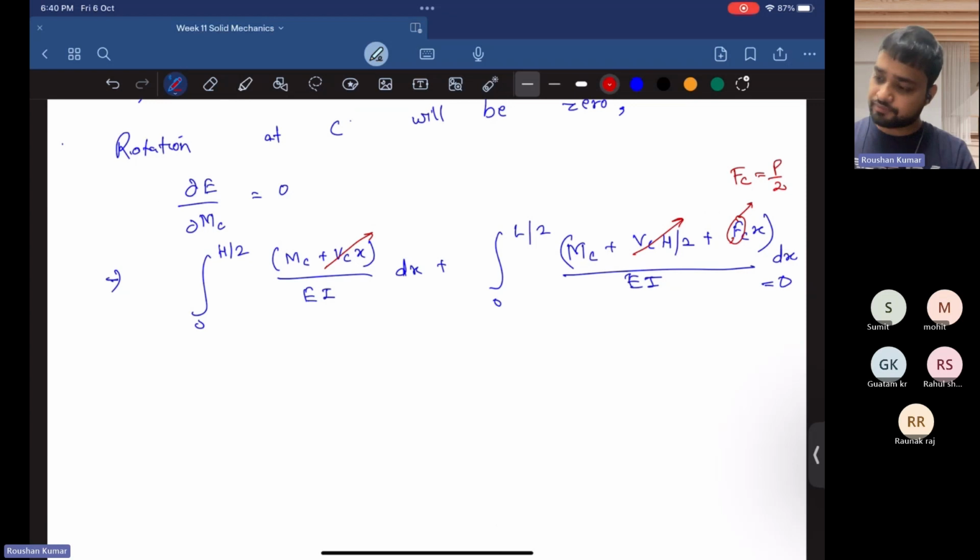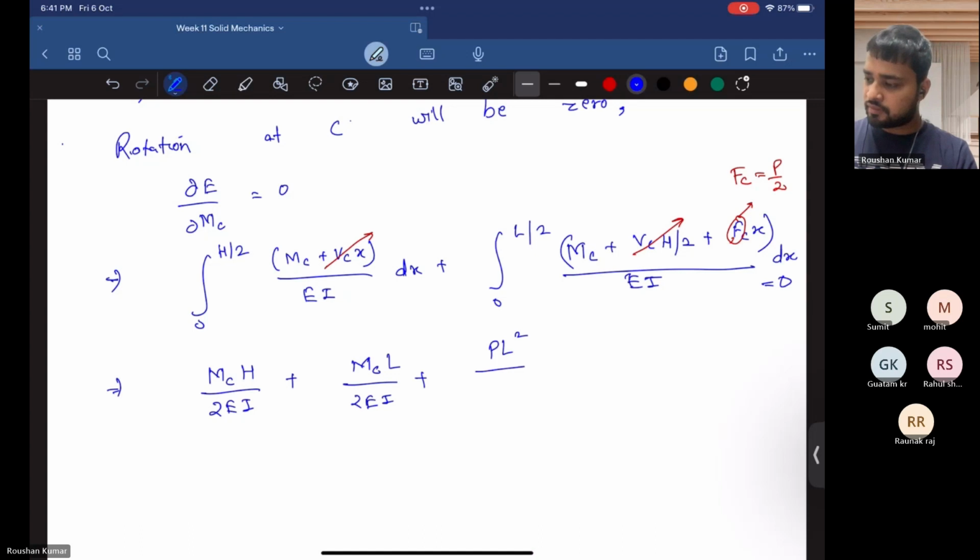Now again, this equation will become Mc into h by 2EI, plus, after integrating this term, Mc into L by 2EI, plus PL square upon 16 EI. Please tell me if I make any mistake.